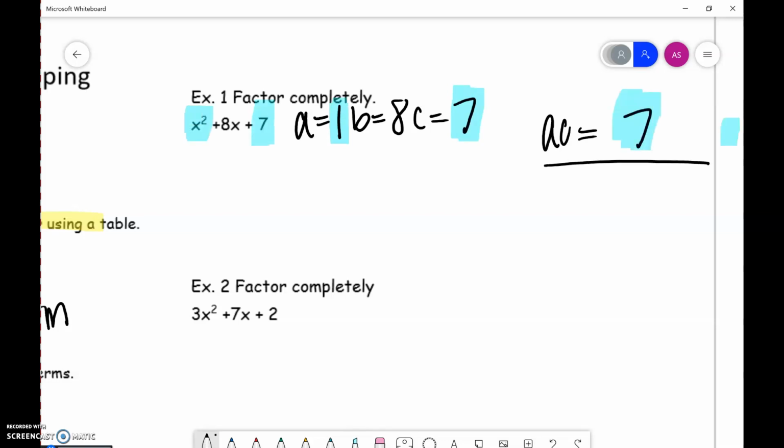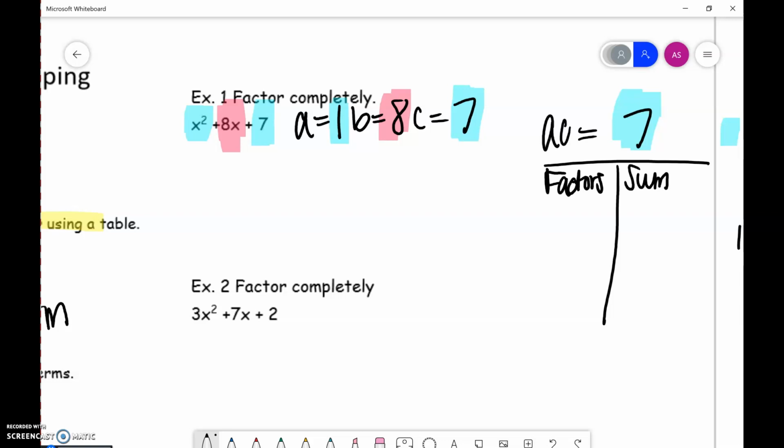I'm going to create my table if I need to. My goal is to find the two numbers that multiply to give me 7, but then add together to give me 8. Okay, so some of you may not need the table. You may be able to think of the numbers super quick. And some of you may need it, which either way is fine. So I'm going to put my factors on this side, and I'm going to put my sum on this side.